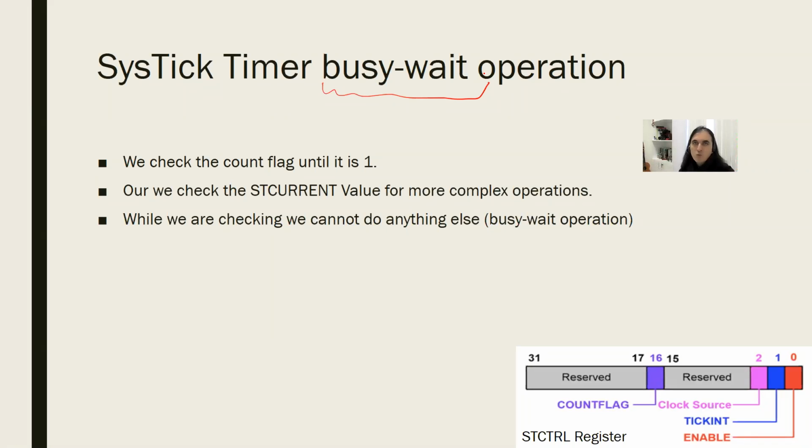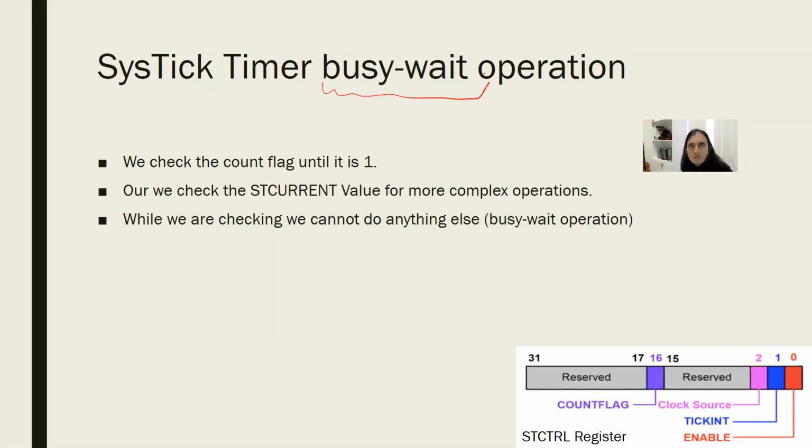That was something that we don't want to do, but for the sake of simplicity, we are going to first just propose a system without an interrupt capability with the timer. Okay? Then we check the current value for more complex operations if we just don't want to check 0. Let's say I'm going to do something when timer becomes 1110111.